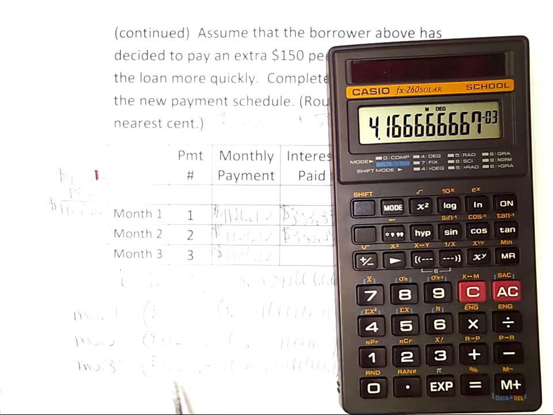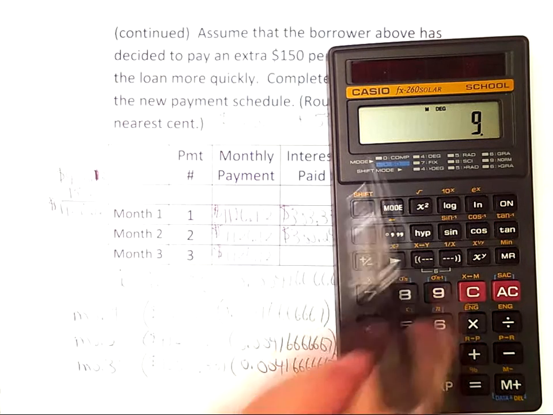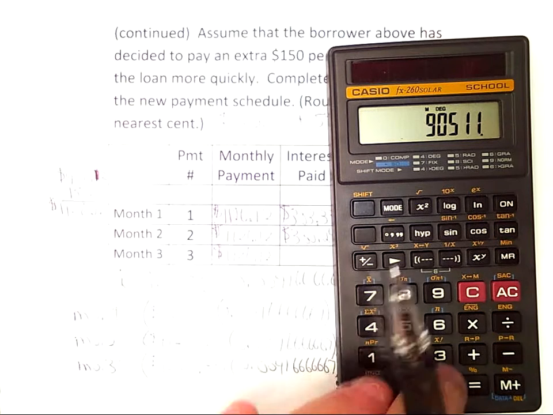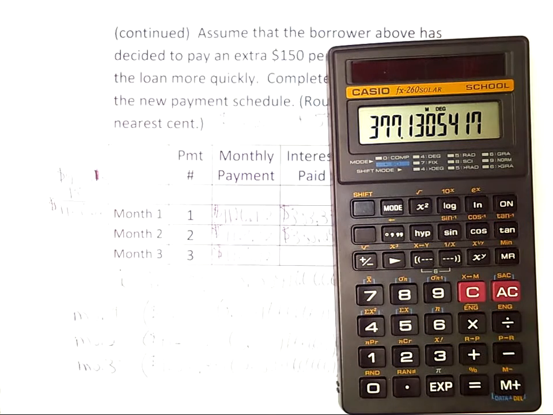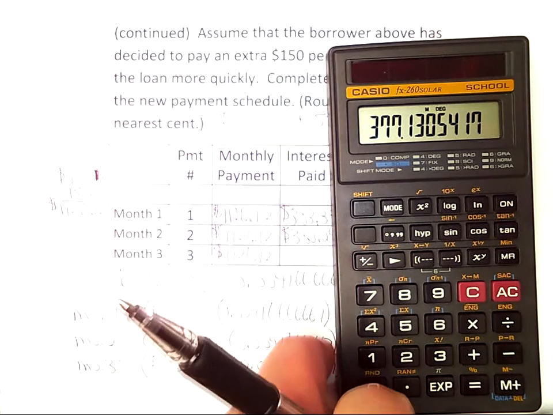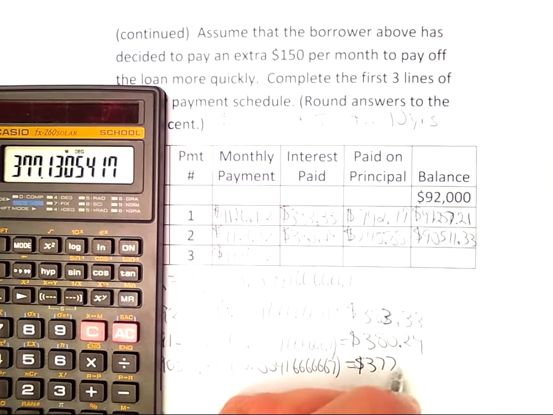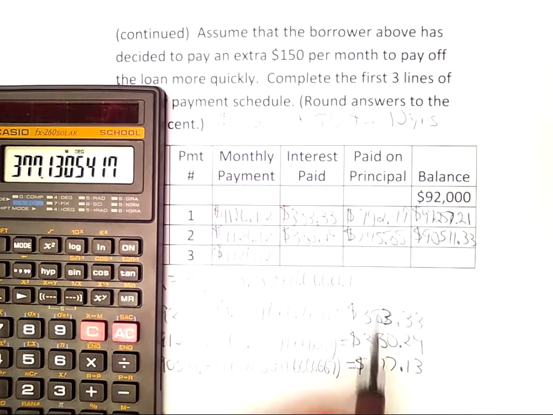Then I times it by $90,511.33 and hit equal, and that gives me $377.13. So $377.13. It looks in range.